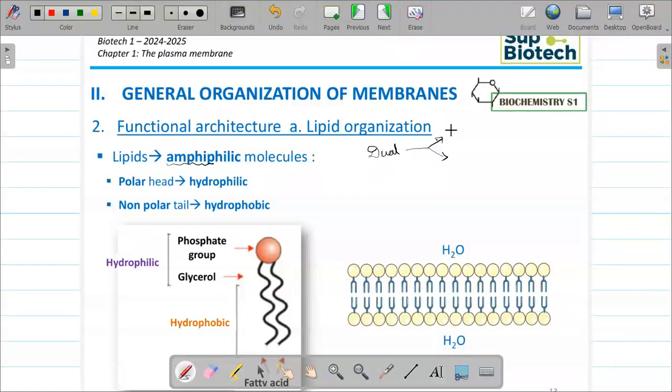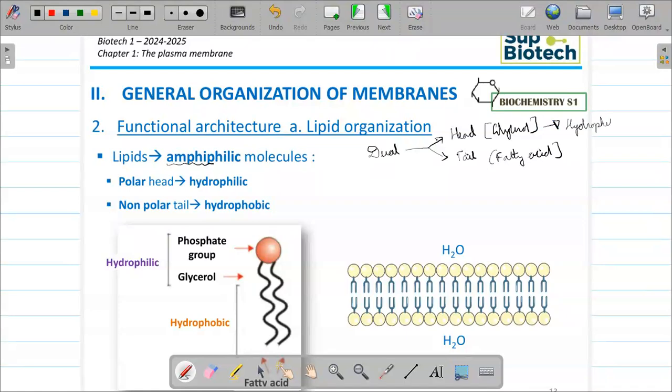One is we have the head and we have the tail, which is actually a glycerol followed by the long chain fatty acid. The head is completely hydrophilic.